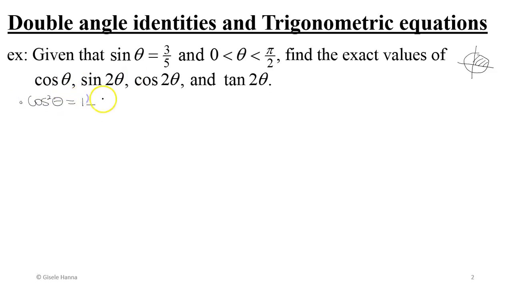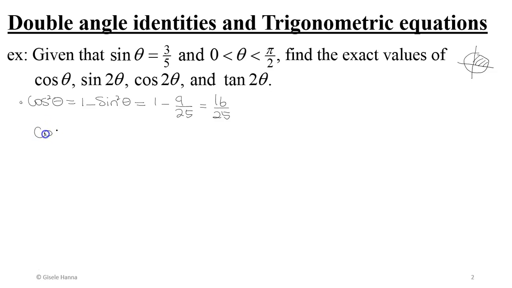I have sine, so which identity relates sine and cosine? That's the Pythagorean identity, which is cosine squared plus sine squared equals 1. So cosine squared would be 1 minus sine squared. So that's 1 minus 9 over 25, which is 16 over 25.